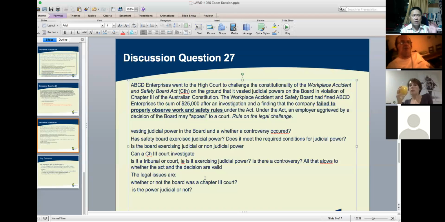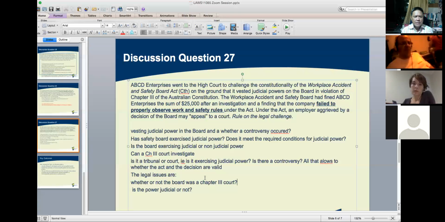For example, the power to make decisions on certain grants or entitlements may be a subject that will fall within the jurisdiction of a Chapter 3 court, or it can fall on a non-Chapter 3 court. So under the notion of an innominate power, it's up to Parliament to determine to whom to confer a certain power.